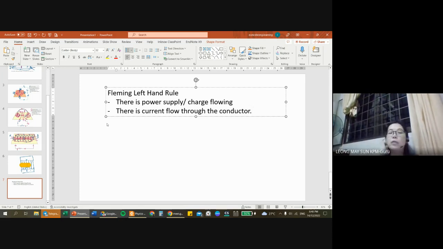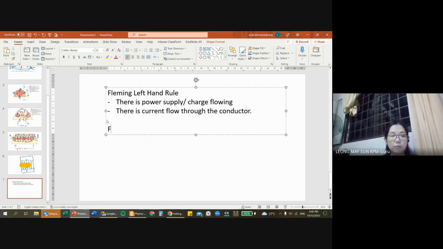So we use Fleming's left hand rule when there is a power supply or charge flowing. Even if a single electron is moving, that is also considered as using Fleming's left hand rule. So when there's current flowing through the conductor, we use Fleming's left hand rule.